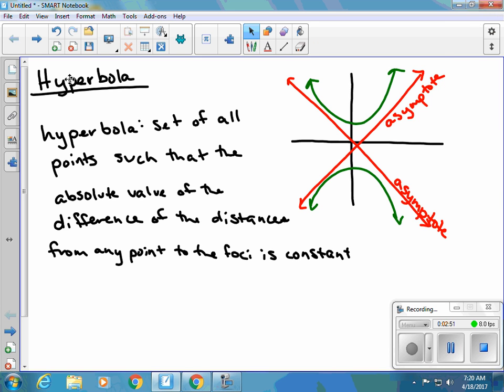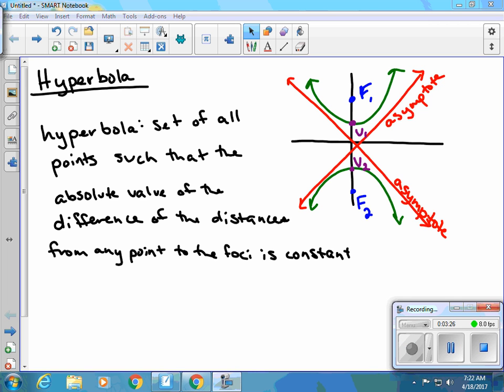You're going to have some foci points, or some focus points, but plural. The foci will go F1 and F2. You're also going to have your vertex. This is the center. You will have two vertices, and that's because obviously you've got two different curves going on there.